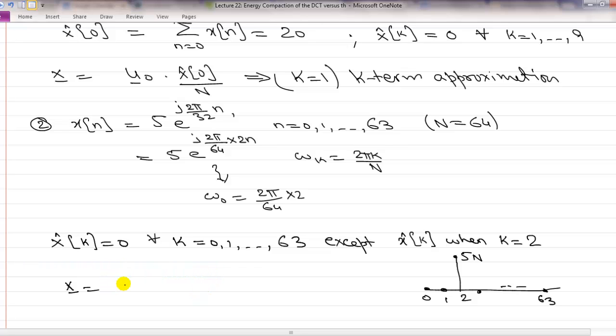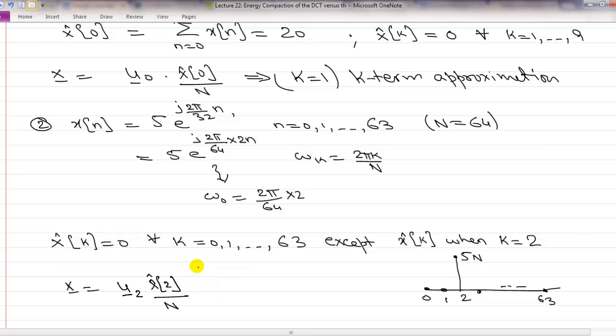So x is simply given by x hat of 2 times u of 2, the vector u of 2 times x hat of 2 divided by alpha, which is n. Okay.